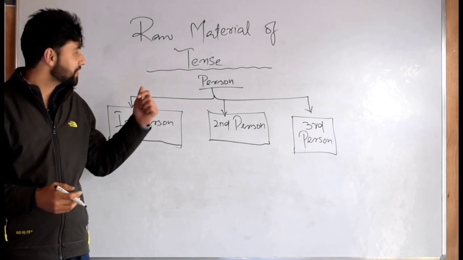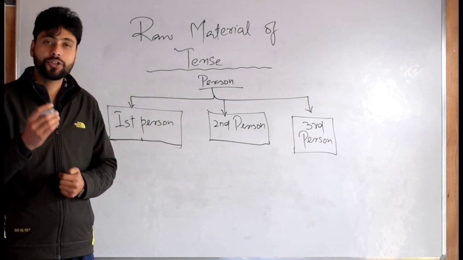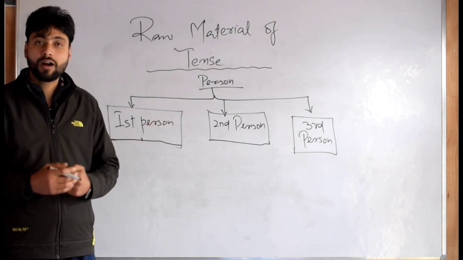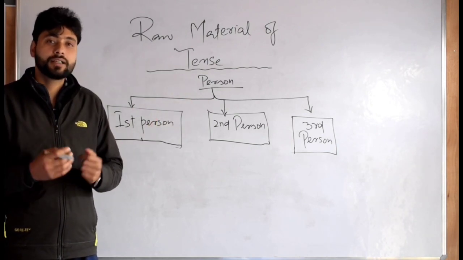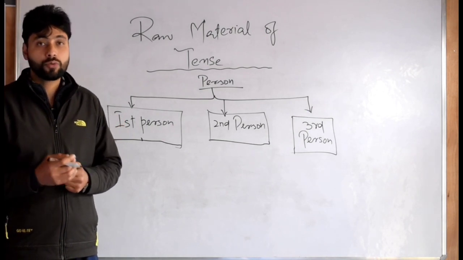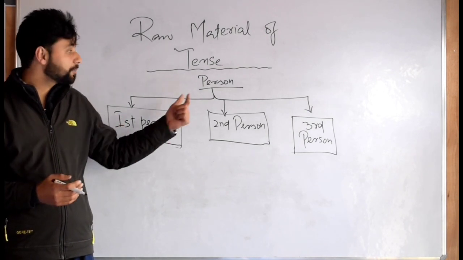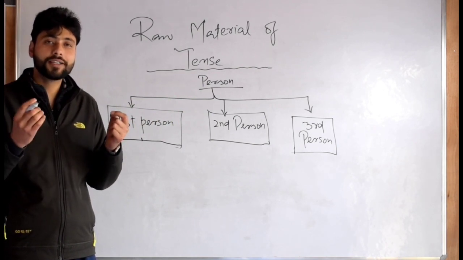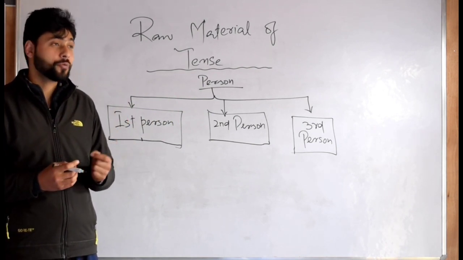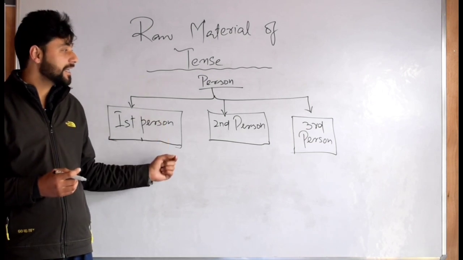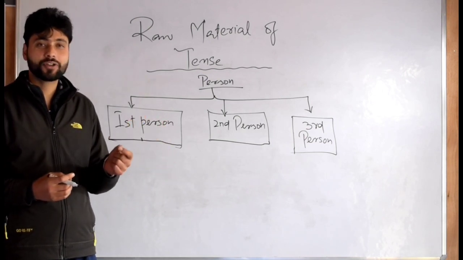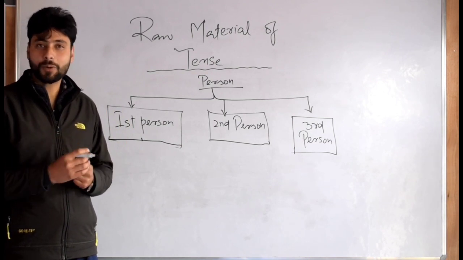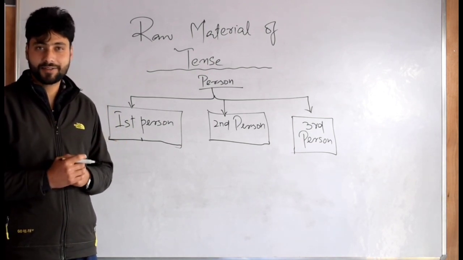Now, here is the third important point you need to keep in mind, and that is person. I have seen students who struggle while identifying the person in the sentence. People are unable to judge whether the subject is first person or second person or third person, and they end up ruining the sentence.